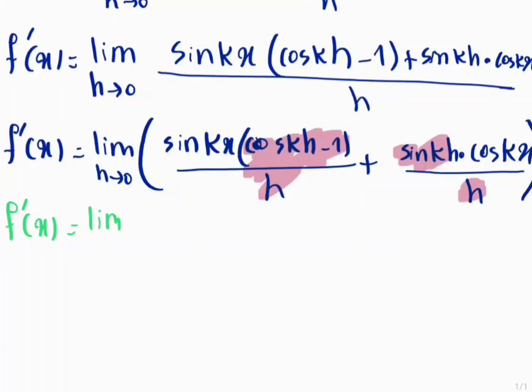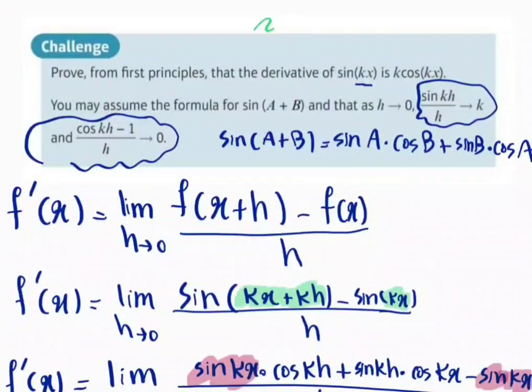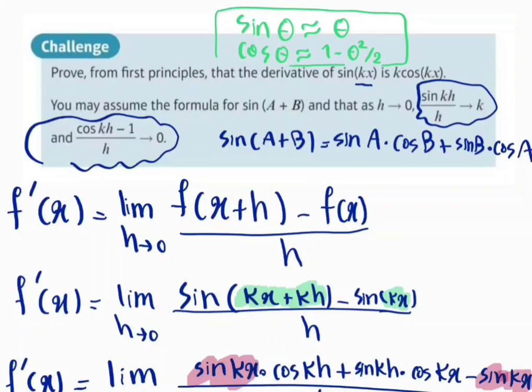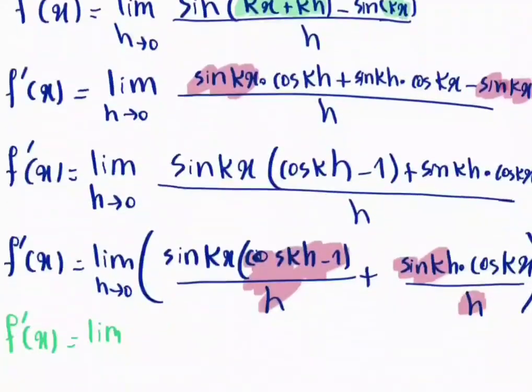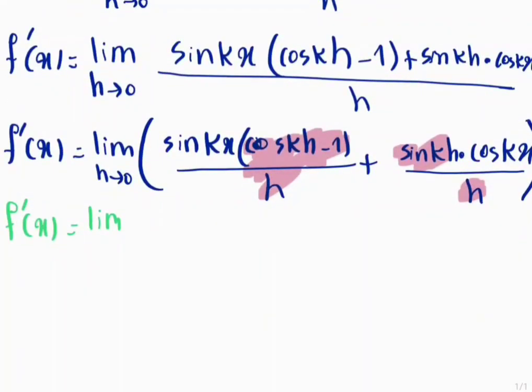So by the small angle approximation, let's just write that here, we know that sine theta is approximately equal to theta, given that theta is small, and cos theta is equal to 1 minus theta squared over 2, given that theta is small. Now we can use these two approximations in order to continue the question.